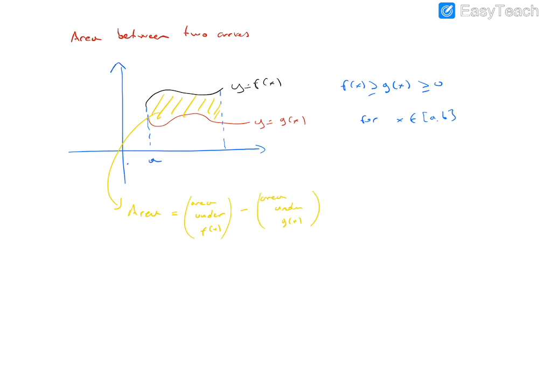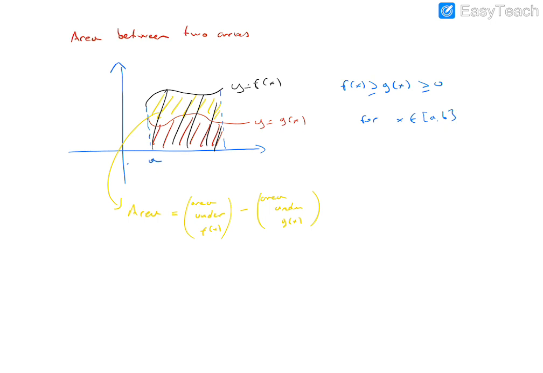I think it is clear. So the area under f of x is this region. The area under g of x is this region. If you subtract the red shaded region from the black shaded region, you will find the yellow shaded region.